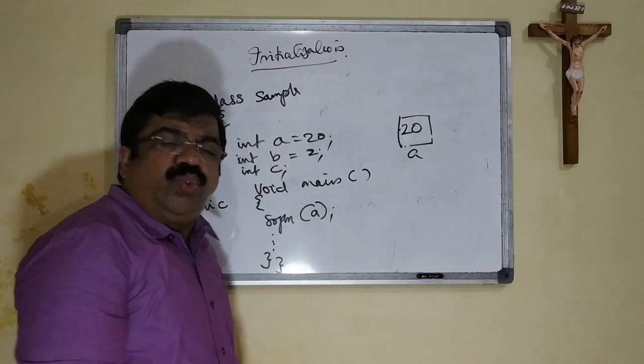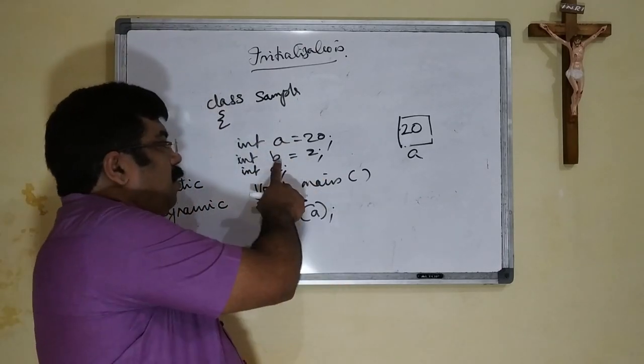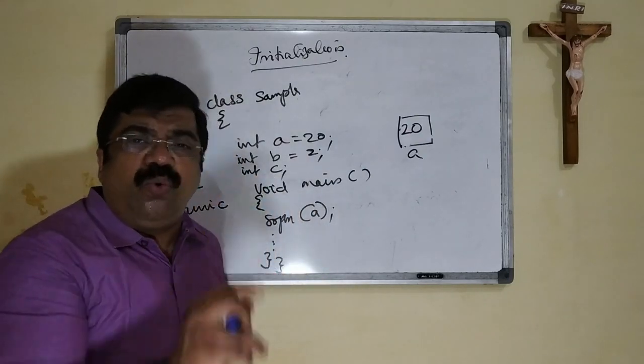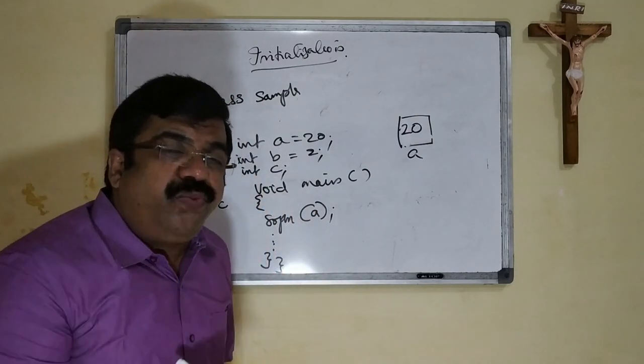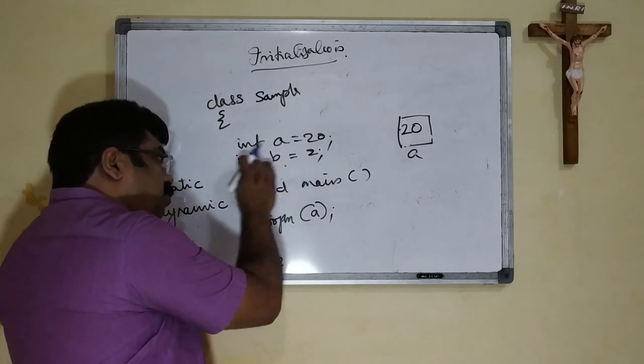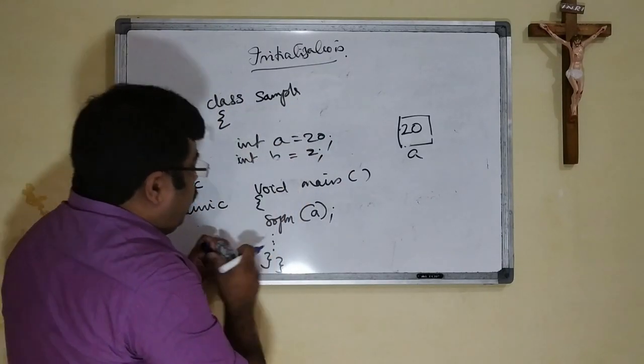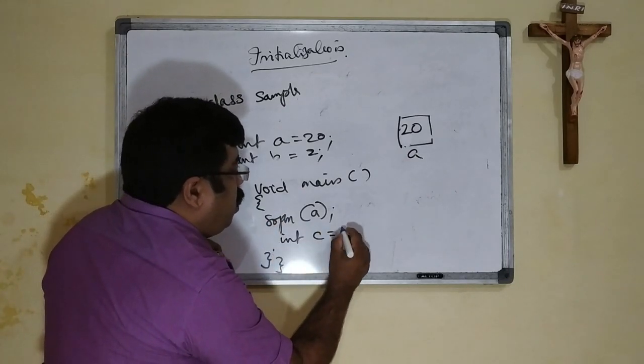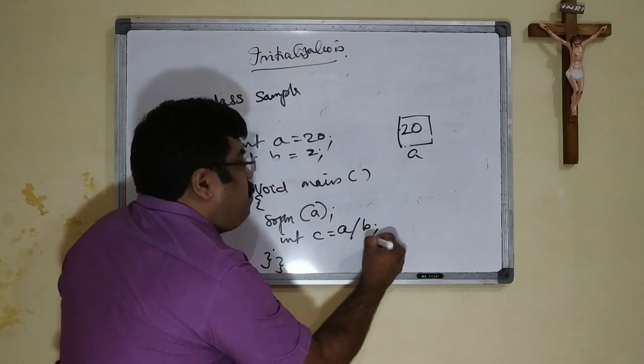So a has its value 20, b has its value 2, and c's value is not known. We will give here int c is equal to a by b.